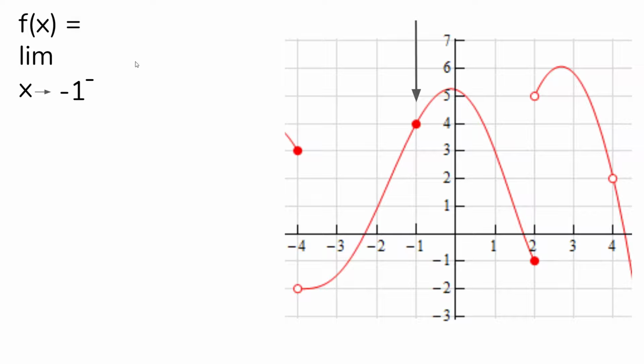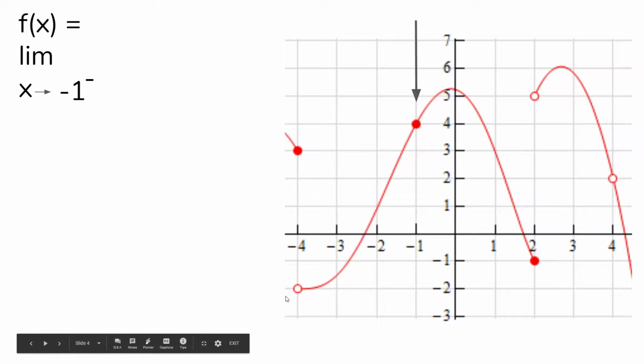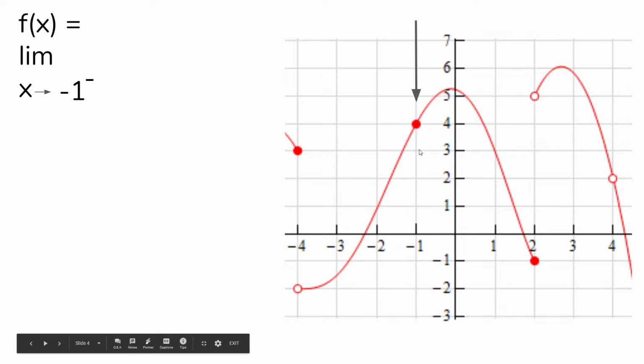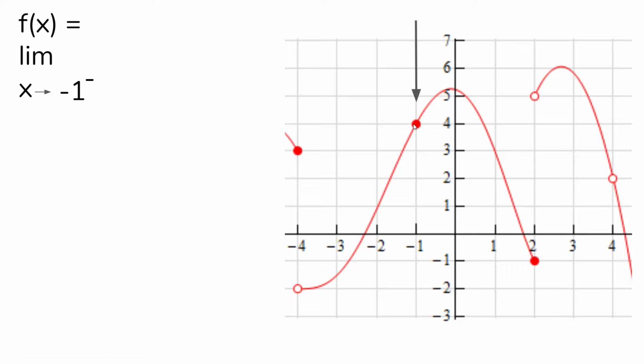We want to approach negative 1 from values less than negative 1. So negative 2, negative 3, we'd go up, and we can see that approaching negative 1 from the left side, the value of f of x would be 4. So you would say that the limit of f of x equals 4 as x approaches negative 1 from the left.